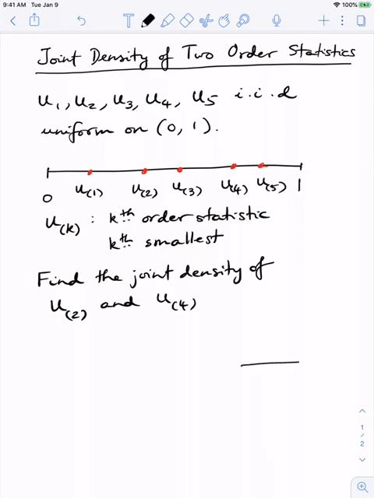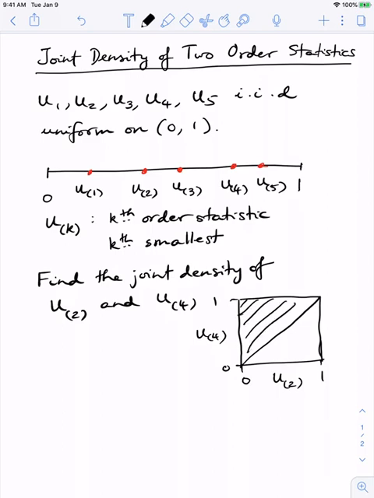So if I look at the unit square, and I decide to draw U(2) over here and U(4) over here, then all the action is in the upper triangle.